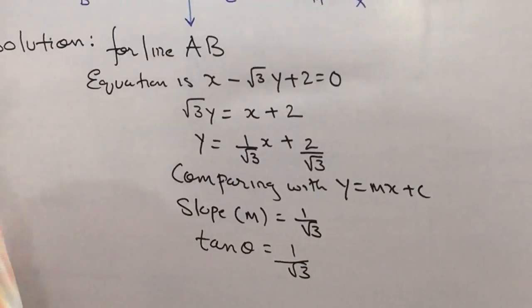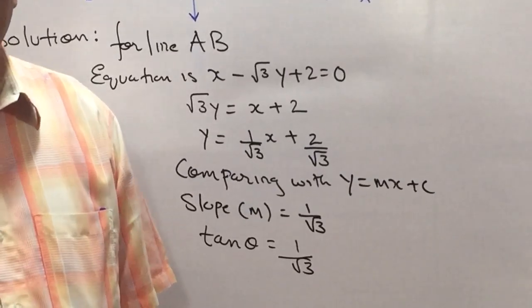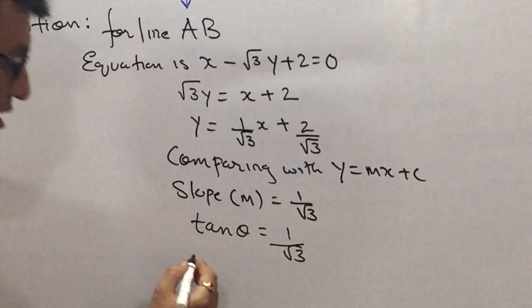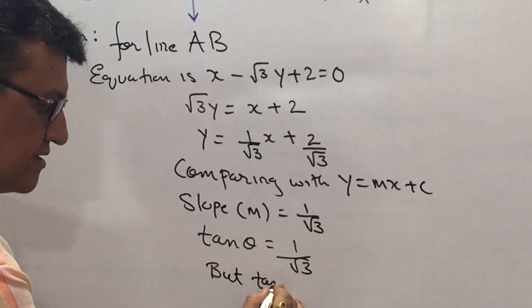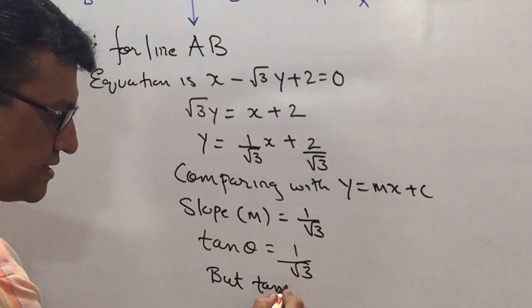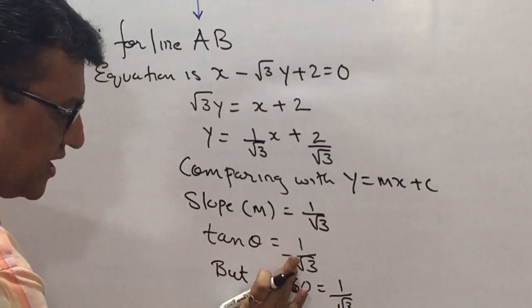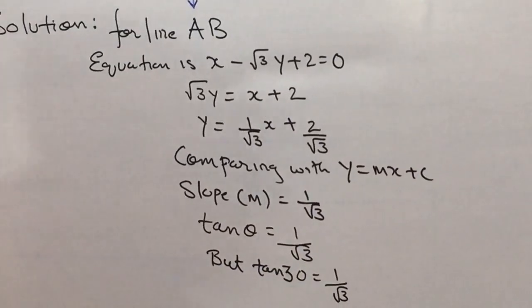Can anybody tell me for what value of theta tan theta is 1 by root 3? Yes, it's 30. Tan 30 is 1 by root 3. Let me write down tan 30 neatly. Tan 30 is 1 by root 3.